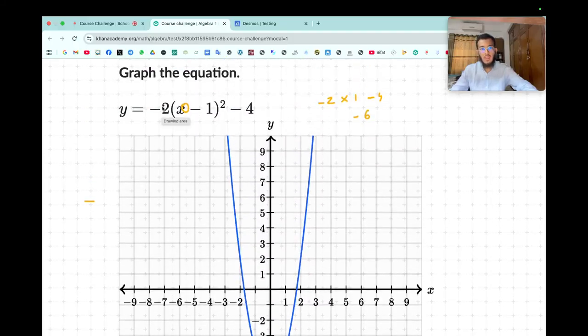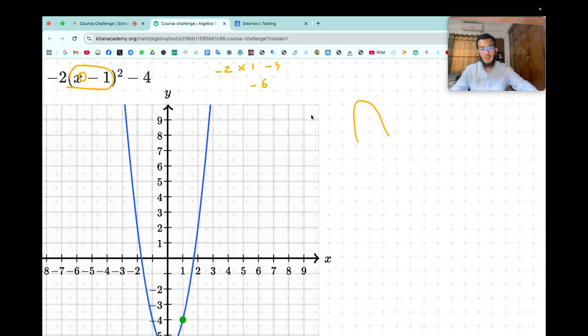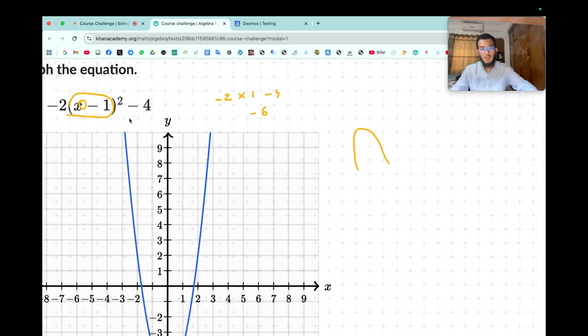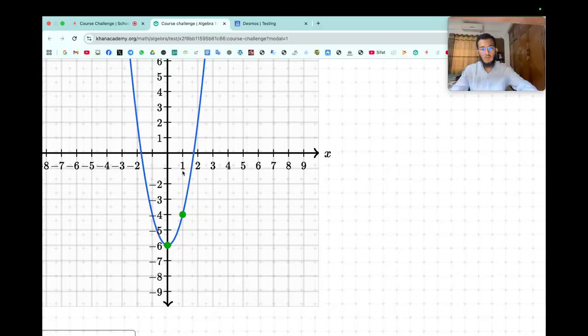Oh, this is negative, which means the graph will be something like this. So what the thing is, -6, and this thing equals 0 is x equals 1. X equals 1 and this is minus 4. This is 1, this is minus 4.